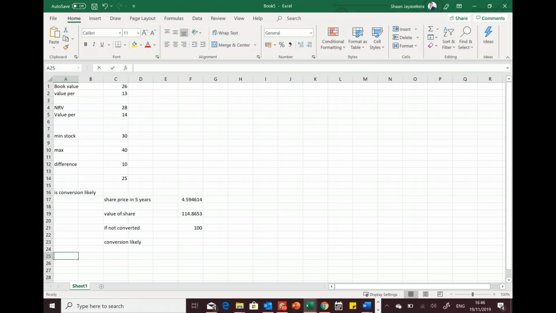So if I look at this, any investor who buys this is going to hold this investment for approximately how long? You're going to hold this investment for 5 years. So that's 1, 2, 3, 4, 5.